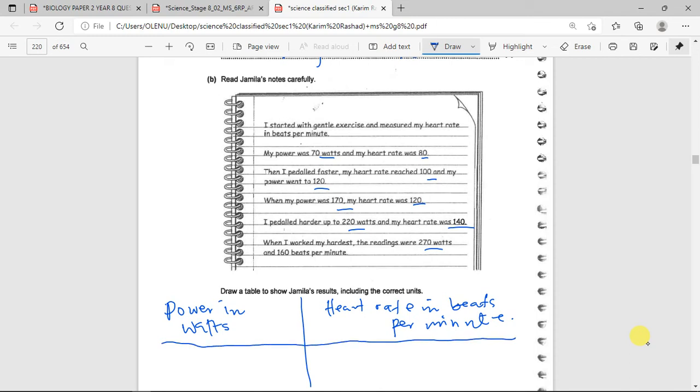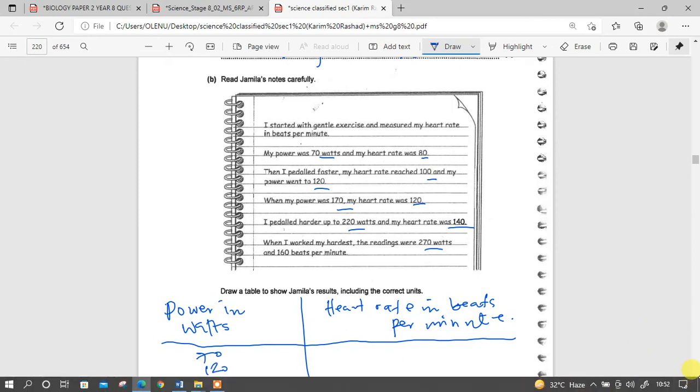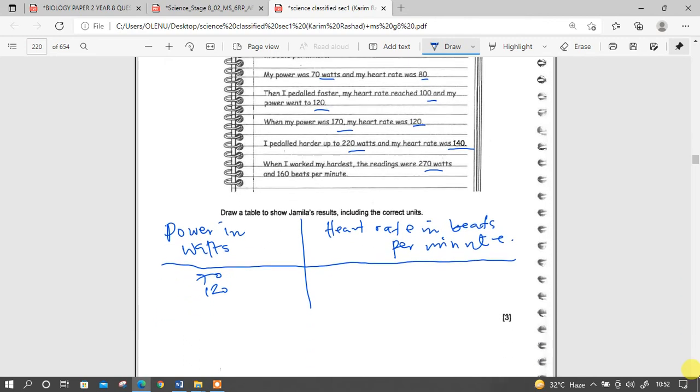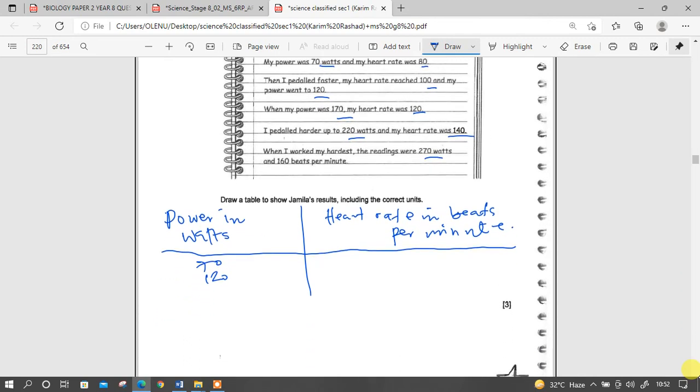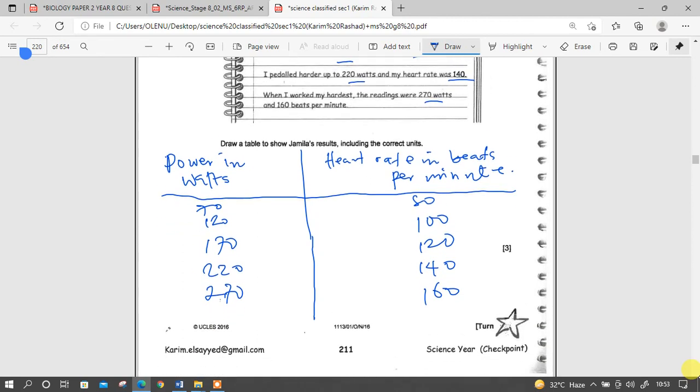Her power values are 70, 120, 170, 220, and 270. And the heart rates for these were 80, 100, 120, 140, and 160 respectively. So as her power increases, her heart rate in beats per minute also increases.